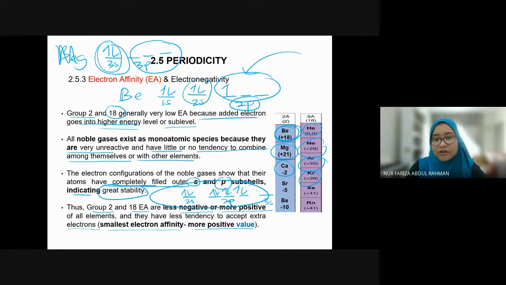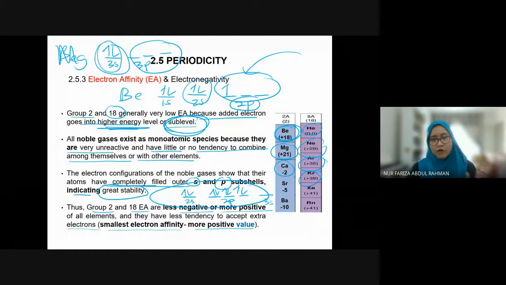Okay, because the electron need to be added to a higher energy level ataupun higher sub level. Okay, right. So that explains why electron affinity for group 2 and group 18 having less negative ataupun more positive EA.